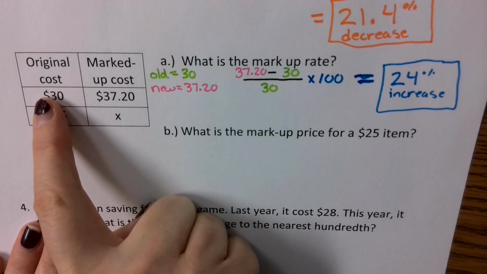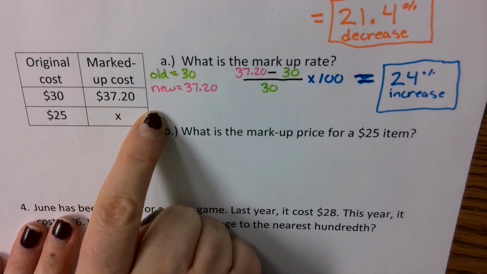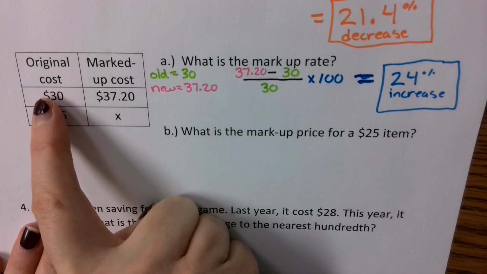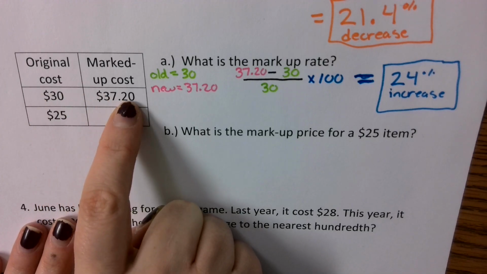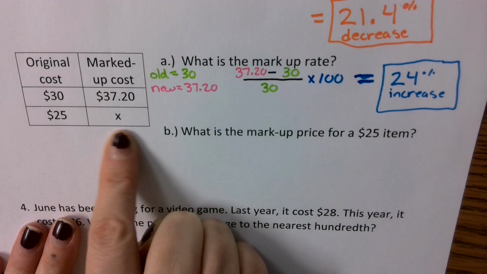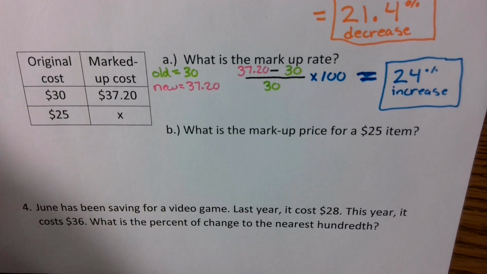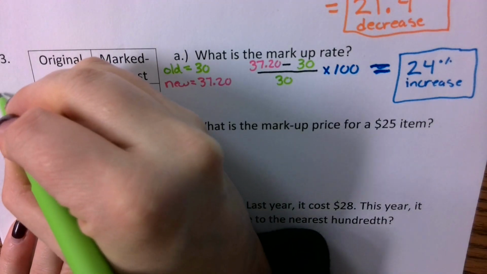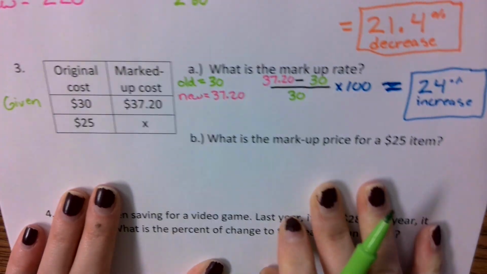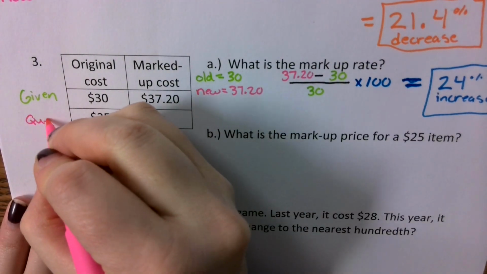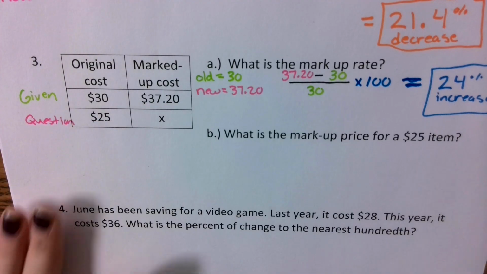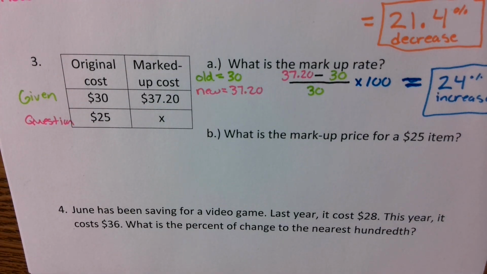Because all of the information here, original and markup, were given to you. The bottom row is our question, right? So I'm going to write that down. This is my given information right next to it. This bottom row is my questioned information. So I can create my ratio based off of that.